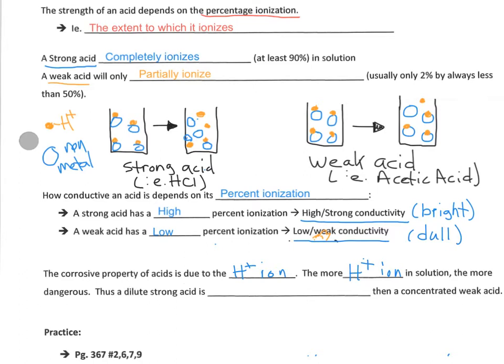This means that a really dilute strong acid is more dangerous than a concentrated weak acid. Even though it's a less concentrated acid, it still has a higher percent ionization, and there's more hydrogen ion in the solution, making the acid more corrosive.